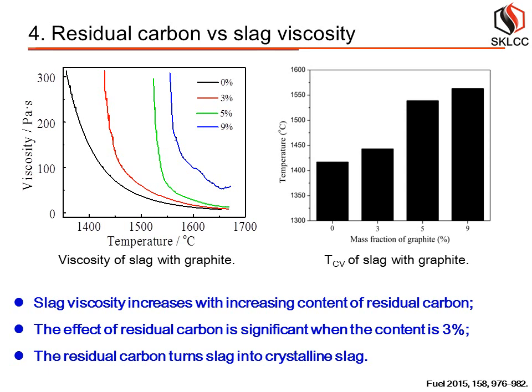And the effect of radiocarbon on slag viscosity becomes significant when the content is more than 3%. Besides, the radiocarbon also turns slag into crystalline slag. All this is bad for slag discharge in the gasifiers.